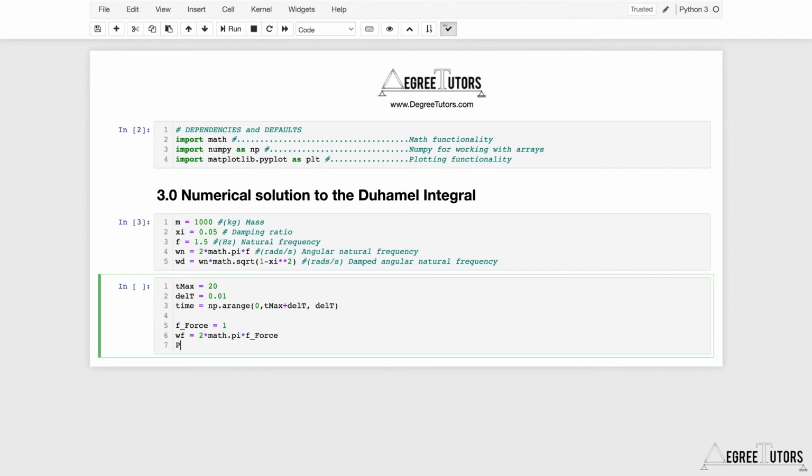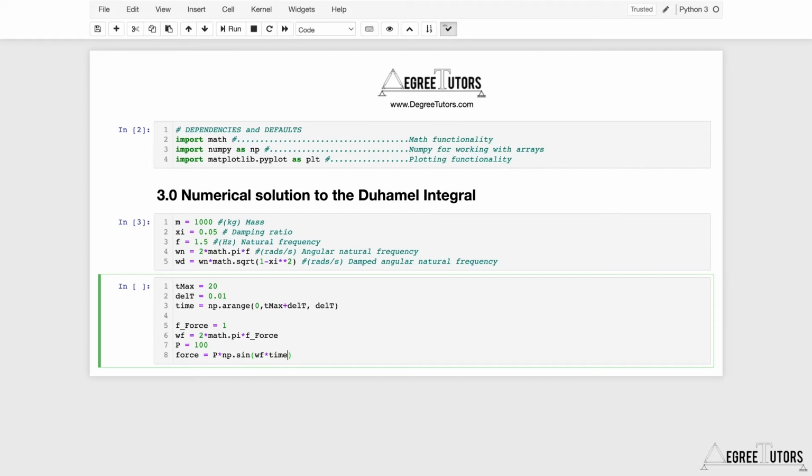The amplitude of loading is going to be 100 newtons, and that would mean that the force itself is going to be P times np.sin. Again, we're feeding in a series of time values rather than a single value. That's why we're using numpy sine instead of math sine, and that's going to be the forcing frequency omega f times the time. Okay, that is our force vector set up.